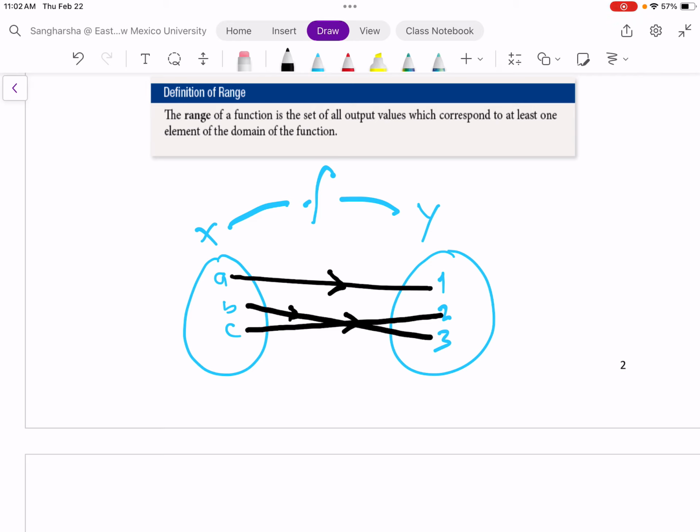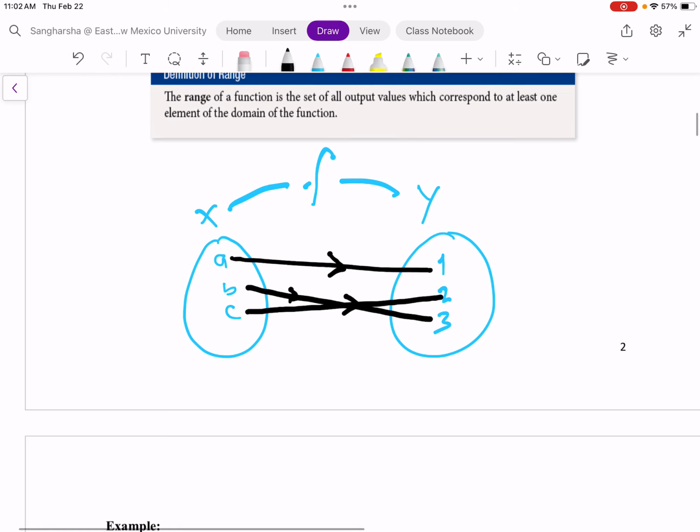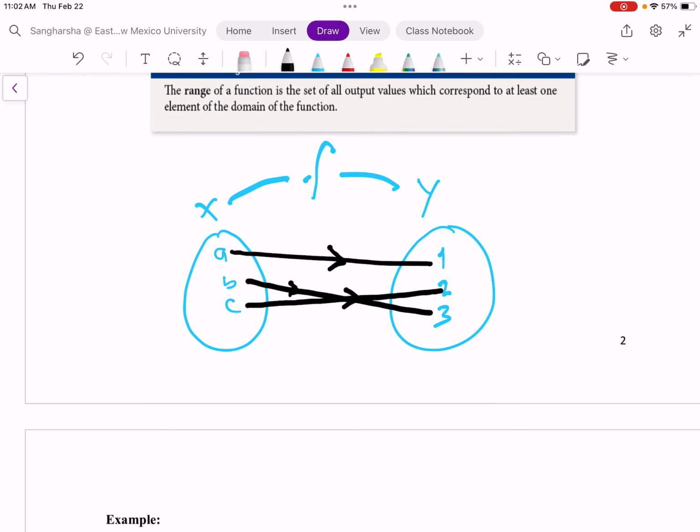And to be a relation, every element from the first set has to correspond to at least one element from the second set. And what do we call every element from the first set? We call it domain or input, right?